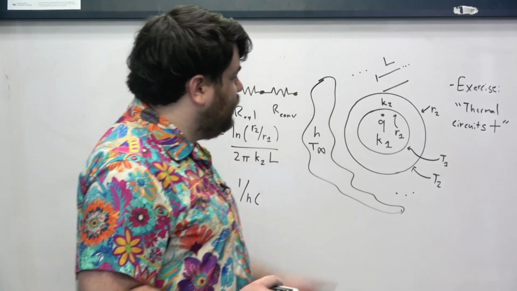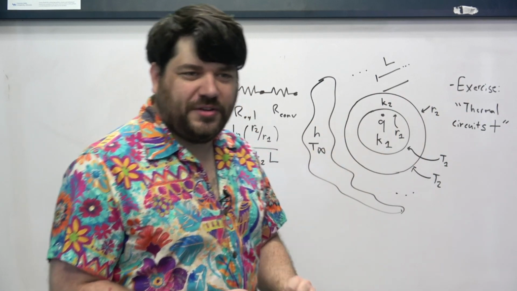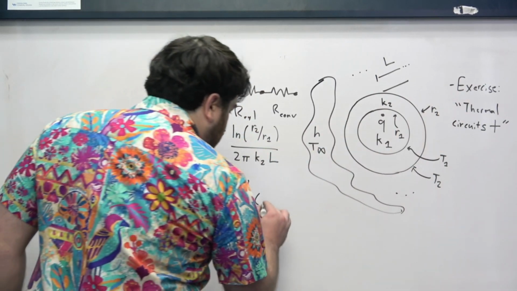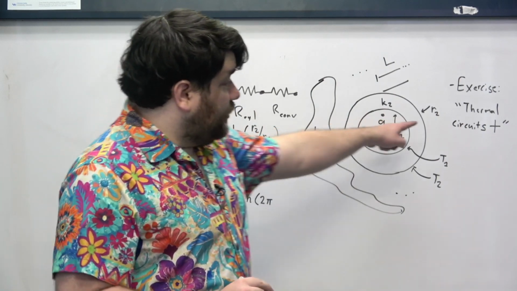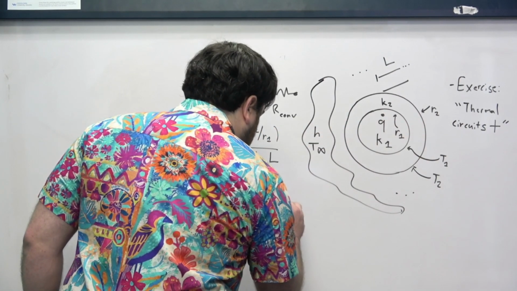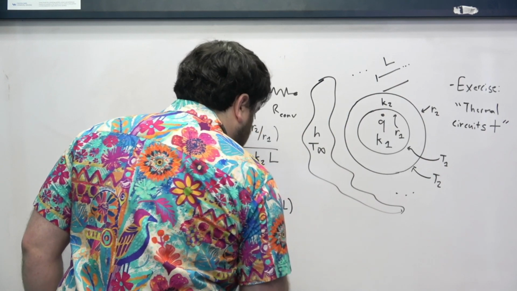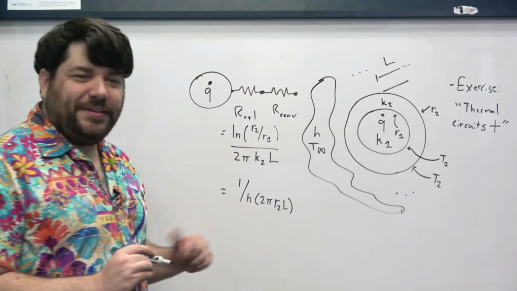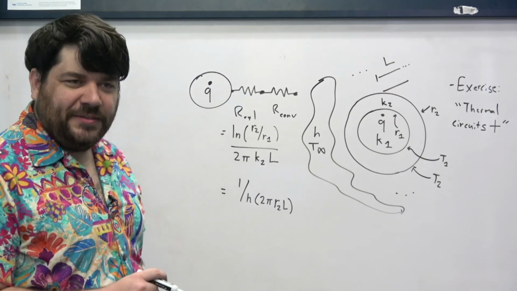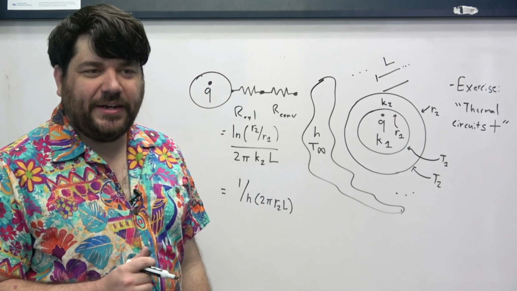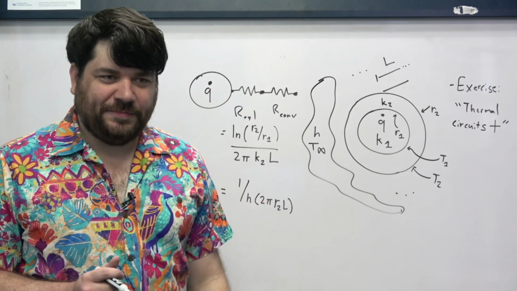You just take the perimeter of the circle and you just project it, right? And so then this would be 2 pi, the radius, which is R2, times L. And so this is the thermal resistance for convection. So this is for cylindrical conduction, and this is for convection.